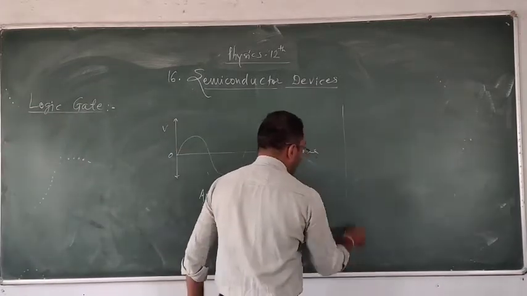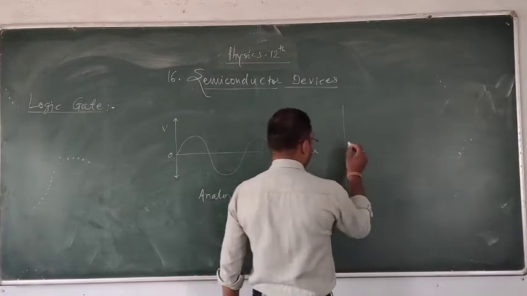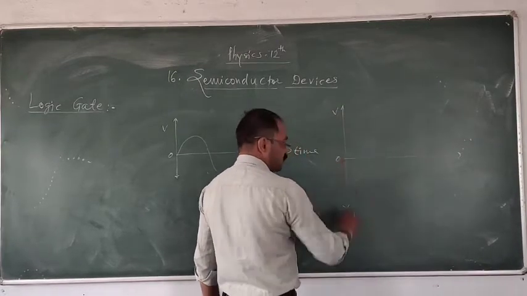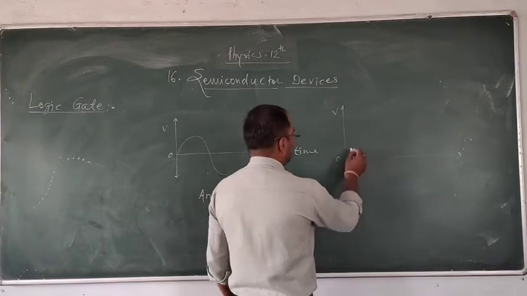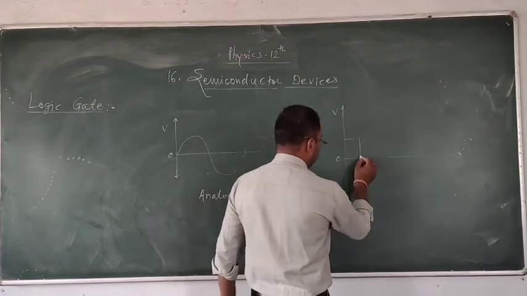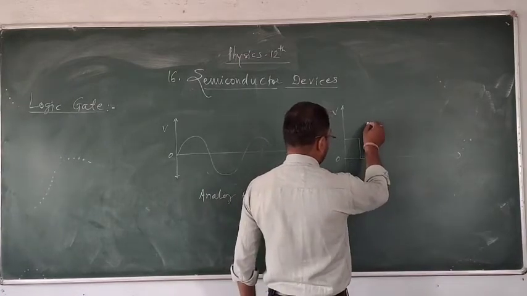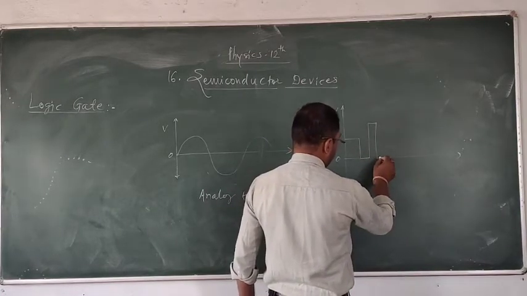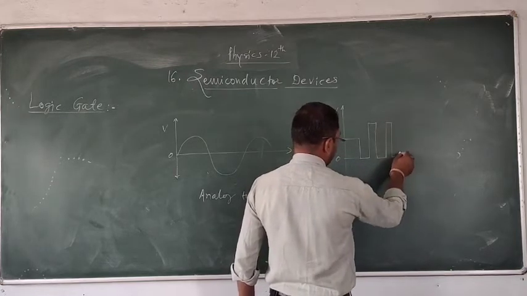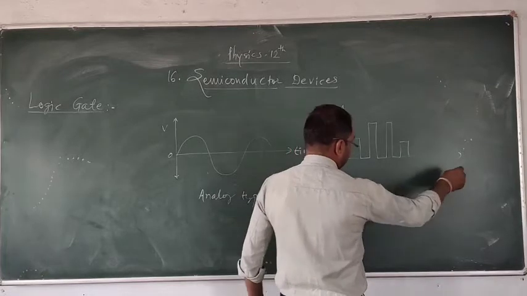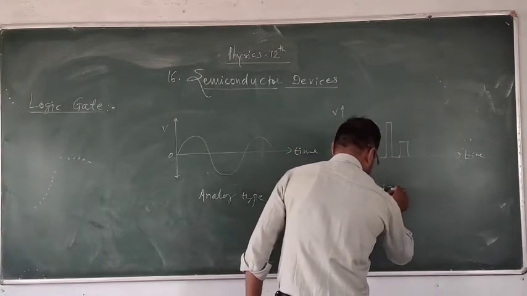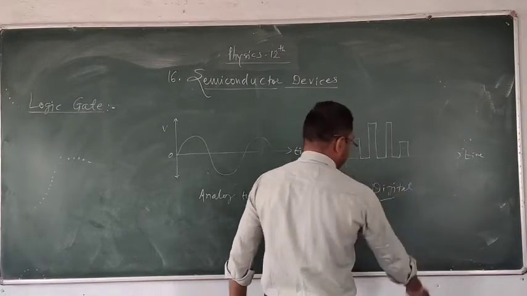Another type of signal, again a time varying signal: here is the 0, here the signal is high, here low, here high, here low, here low, here high. This type of signal is called the digital signal.